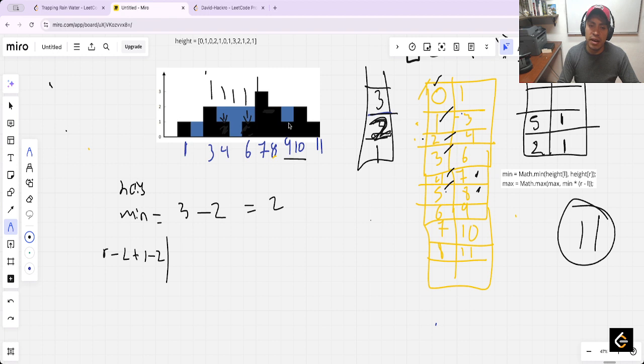In which way can I calculate this? If I complete this, basically the highest barrier is 3 and the min is 2. Sorry, is 1. Apply this operation over this. But what happened with this square or this slot?